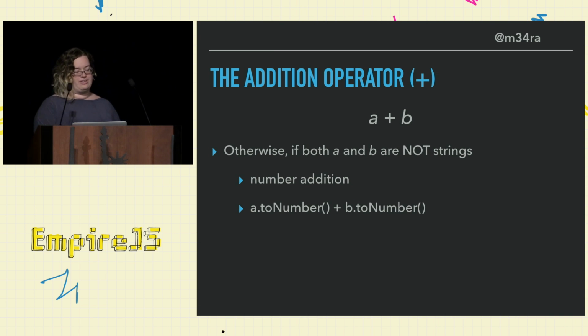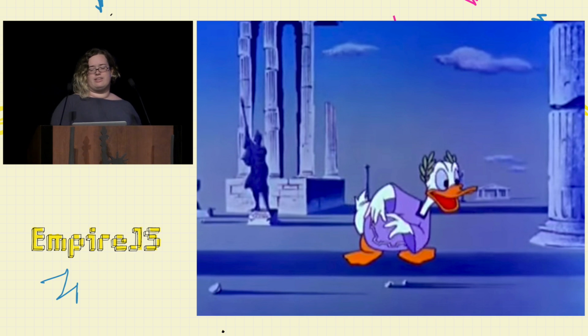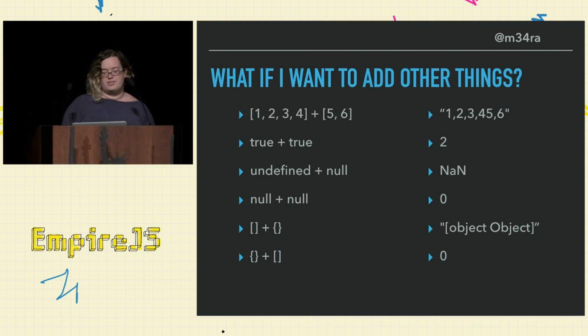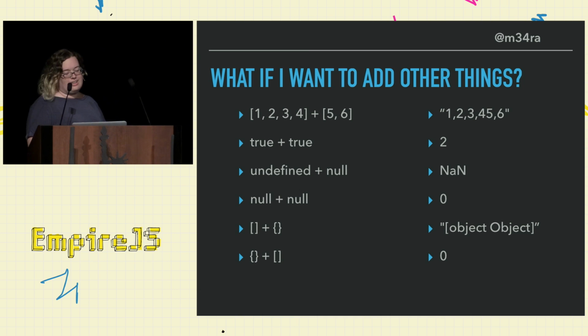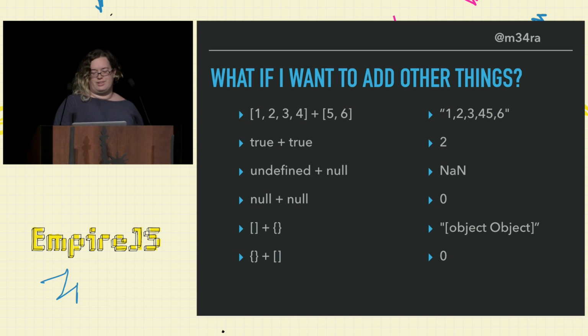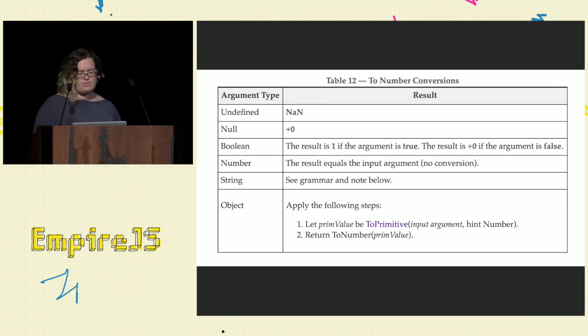Otherwise, if both a and b are not strings, we're going to do number addition, and again, if we need to do coercion, we're going to do it. So this is great. Now that we have our model, let's go back to our examples from before and figure out how we get these results. None of these operands on the left really look like strings to me, so I'm going to assume we're trying to do number addition. Let's give that a shot.